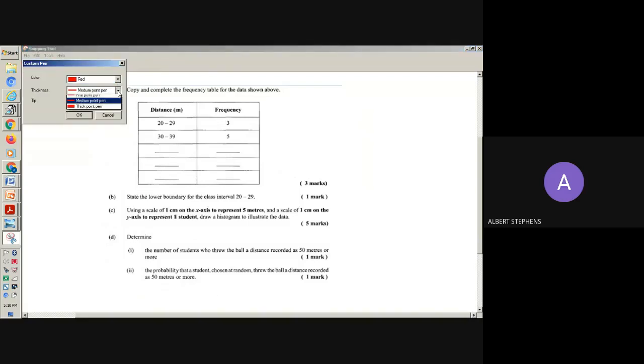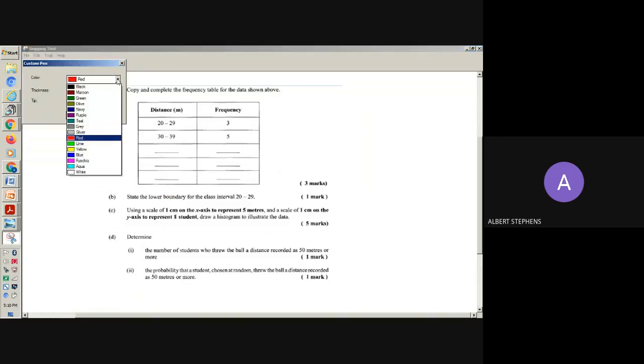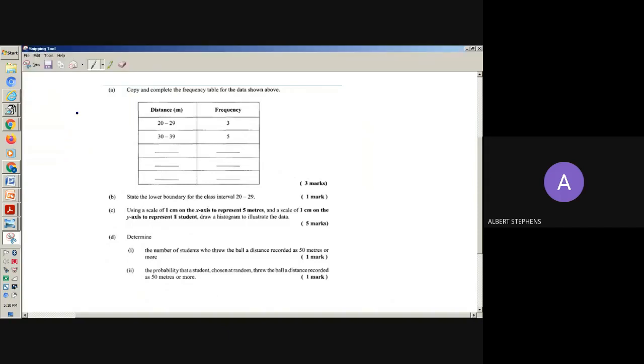All right, let's try to answer the rest of the question now. These questions down here, you're going to use the table. Let me use a different color, I'm going to use red. Can someone remind me the numbers?